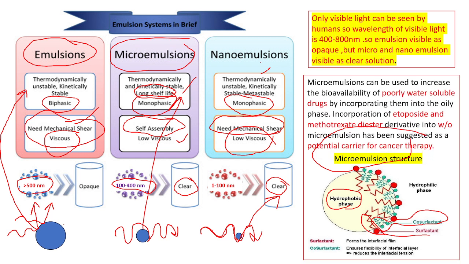These microemulsions are used to increase the bioavailability of poorly water soluble drugs. How can we increase it? The poorly water soluble drug can be incorporated into the oil phase. By incorporating it in the oil phase, we can improve the poor solubility of the poorly water soluble drug.